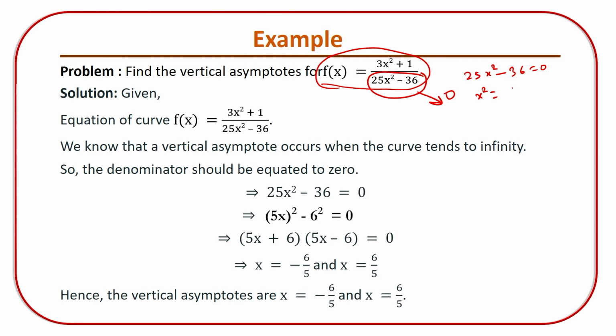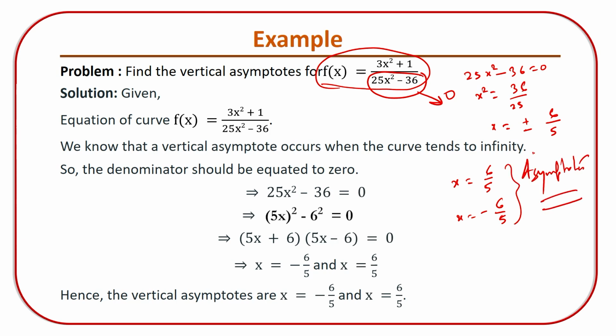Henceforth x square is nothing but 36 by 25, and x is plus or minus 6 by 5. So there are two straight lines, x equal to 6 by 5 and x equal to minus 6 by 5, right?